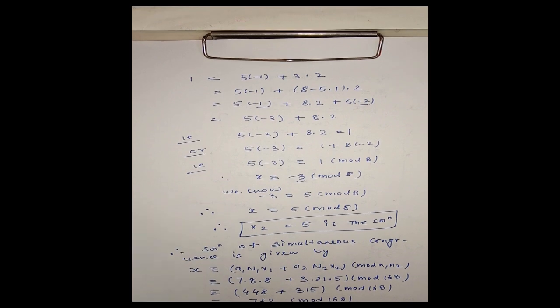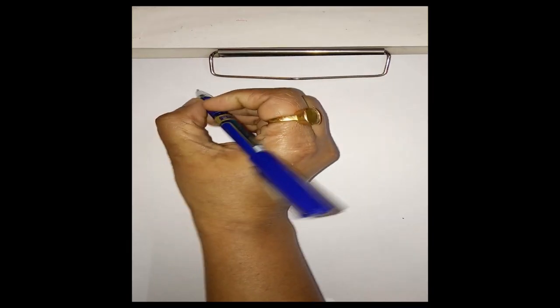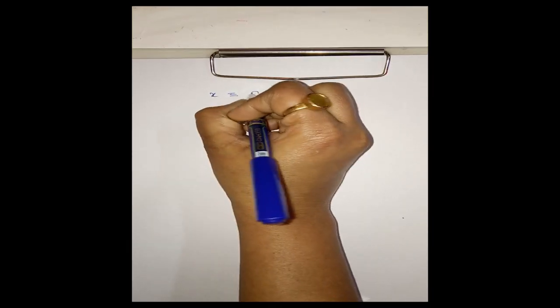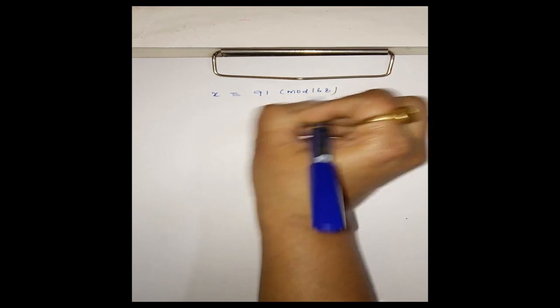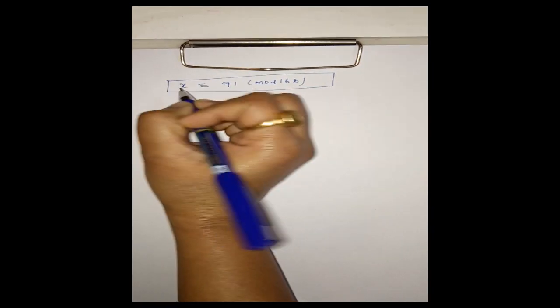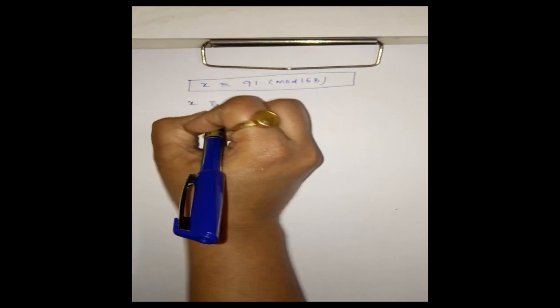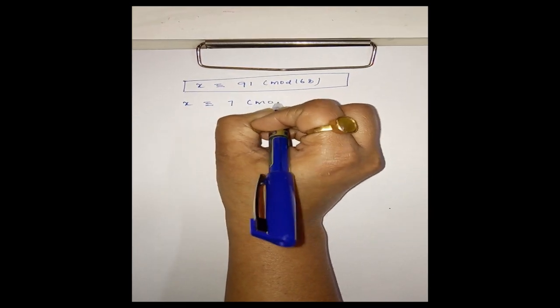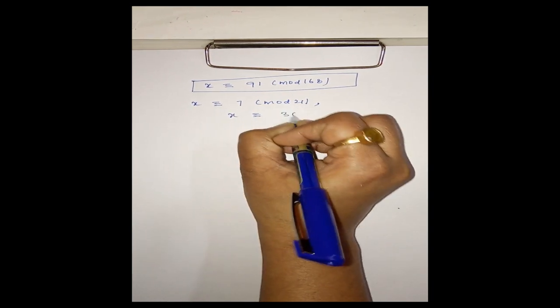Let us first check this number, if this satisfies the conditions or not. Now answer is x is congruent to 91 modulo 168. Okay, and our congruences given to us were, x is congruent to 7 modulo 21, and second was x is congruent to 3 modulo 8.